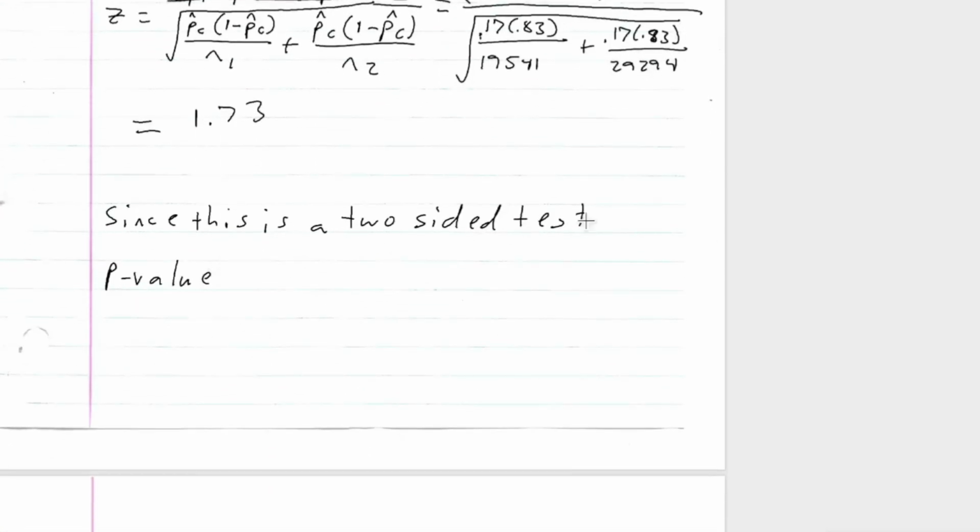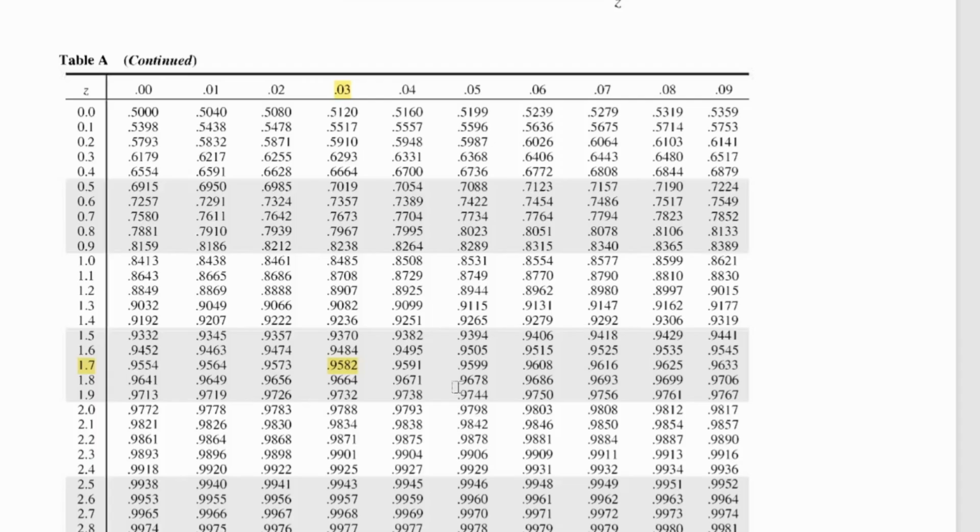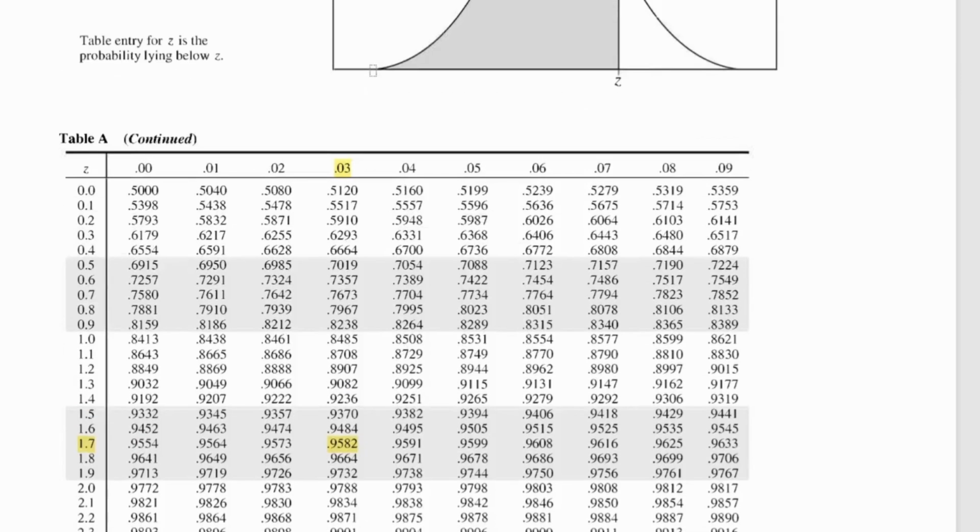All right, since this is a two-sided test, we know the p-value is equal to 2 times the probability that Z is bigger than 1.73. Of course, for our table, we need to rewrite this as Z less than or equal to 1.73. And the way we do that, this will be 2 times 1 minus the probability that Z is less than or equal to 1.73. And now, let's go to our table to find 1.73. As you can see, I already highlighted it here.